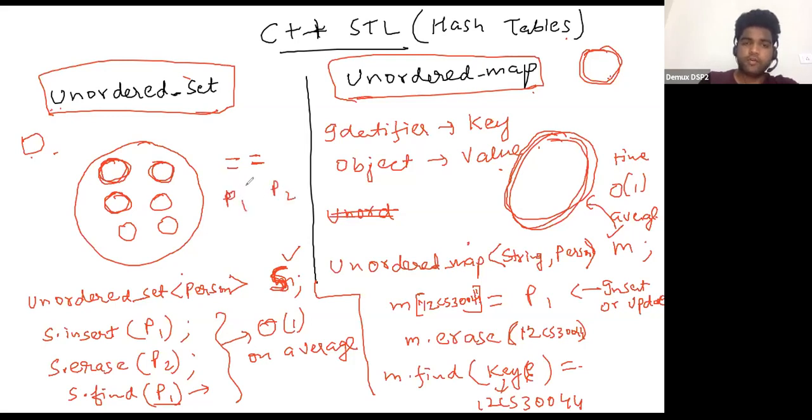Two persons, how do you compare? You will have to specify that equality. If your equality operator is only on, let's say, the roll number, then it might return true for two objects with just the same roll number and other fields are different. It gives you a pointer to that object, which is what we called an iterator, but I will come to that.